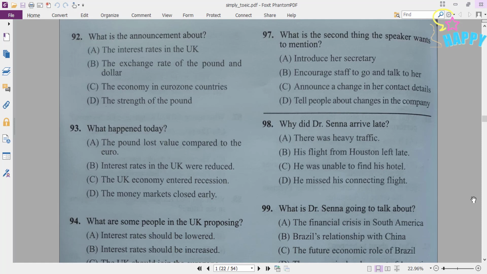Questions 92 through 94 refer to the following report. The pound has fallen sharply against the euro today and has also weakened, but to a lesser extent, against the dollar and the yen. In early morning trading, the euro reached a peak of £0.95 before dropping back by close to 0.93.